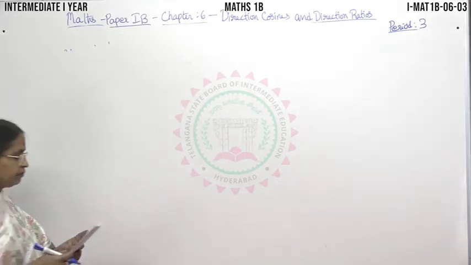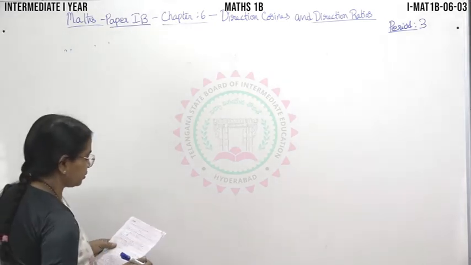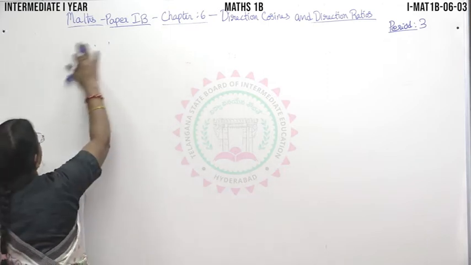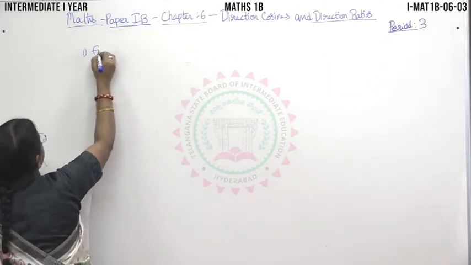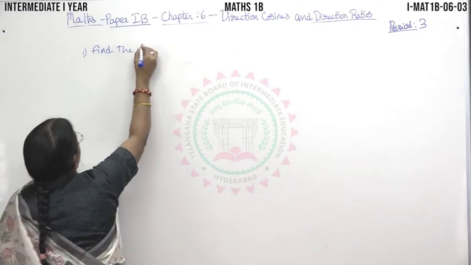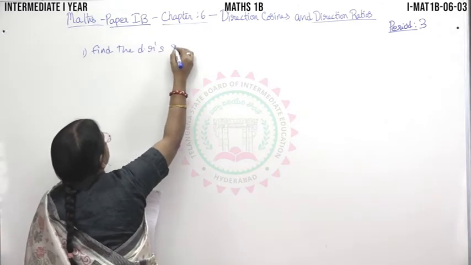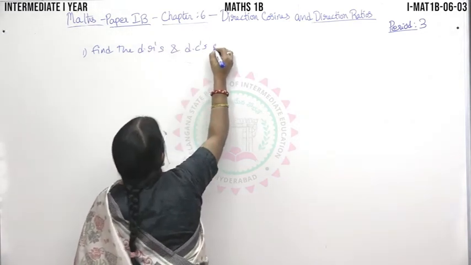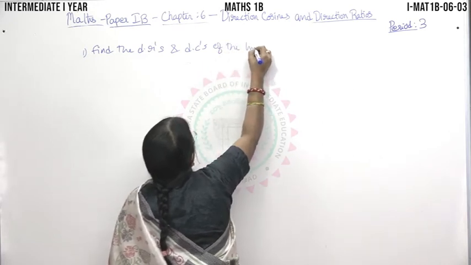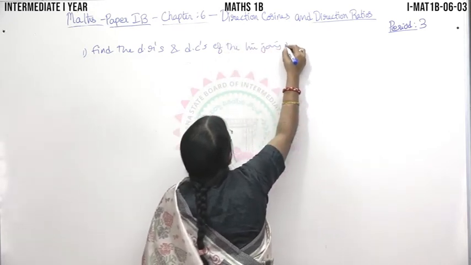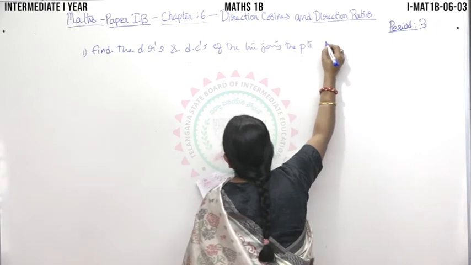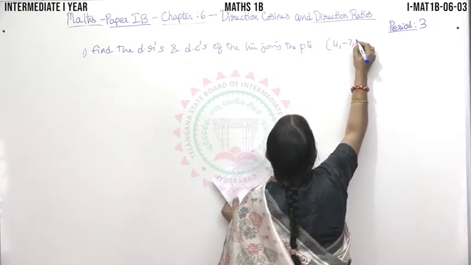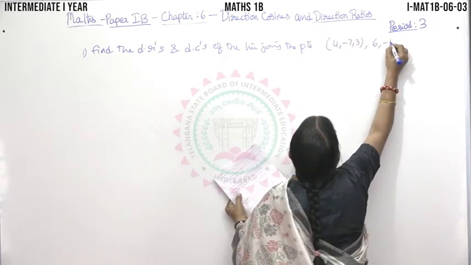First problem, these are all example problems: find the DRs and DCs of the line joining the points 4, minus 7, 3 and 6, minus 5, 2.